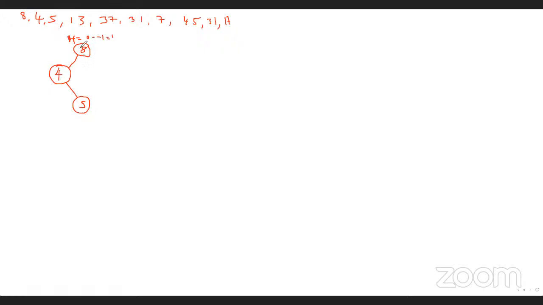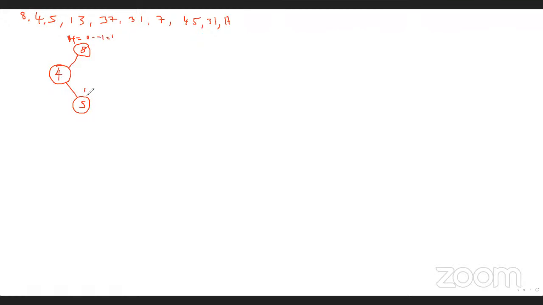When 5 arrives, 5 is smaller than 8, so it should go on the left-hand side, where there is 4. 5 is greater than 4, so 5 should go on the right-hand side of 4. Good work. Again, because we are maintaining self-balancing, we check the balance factor.